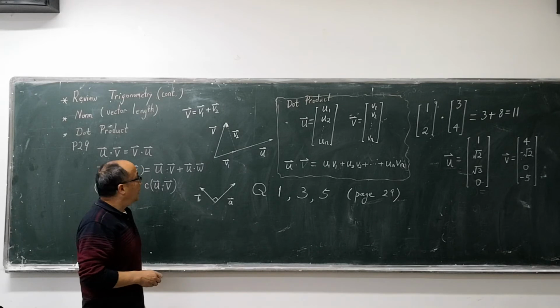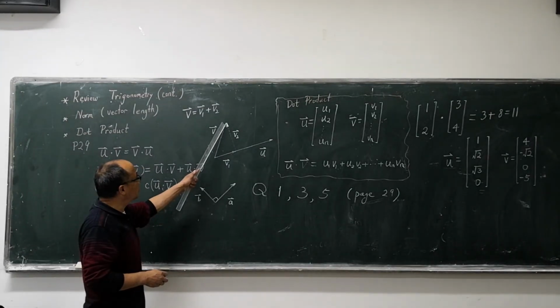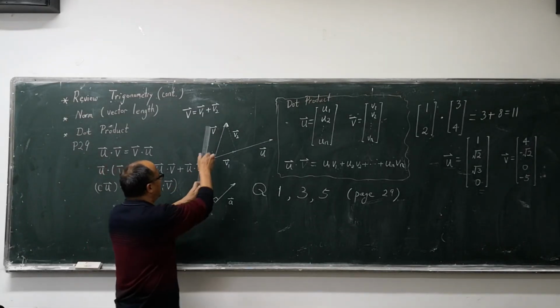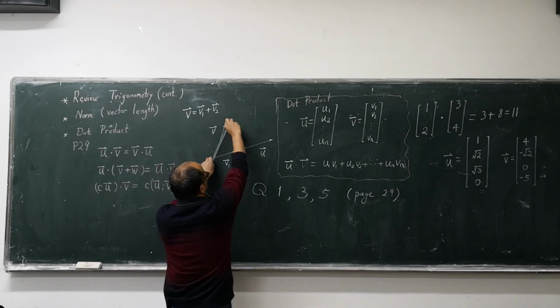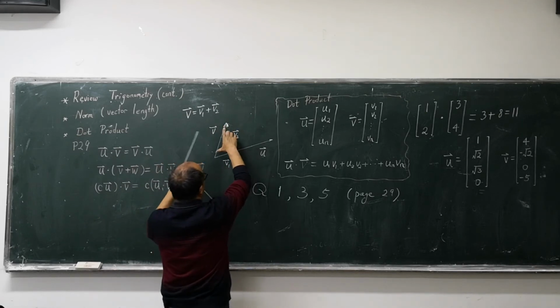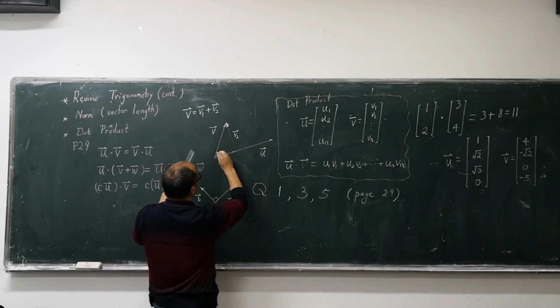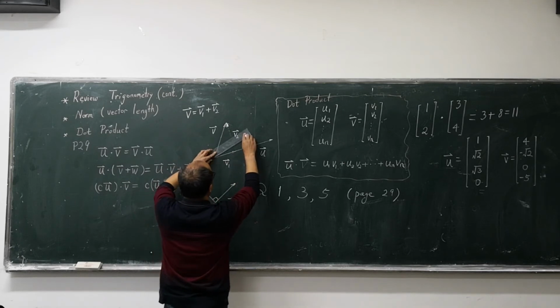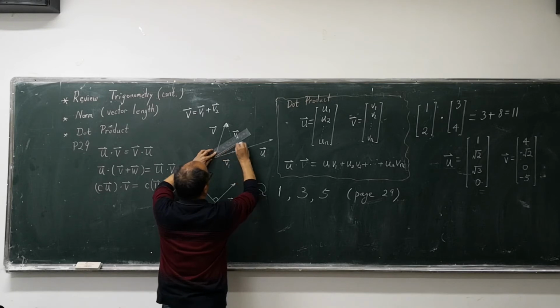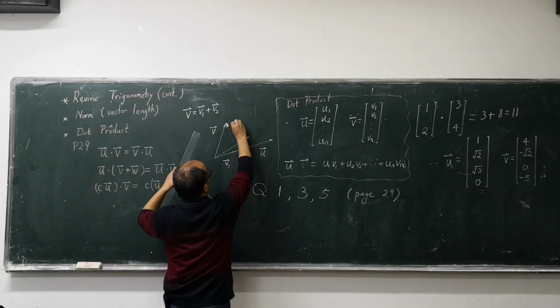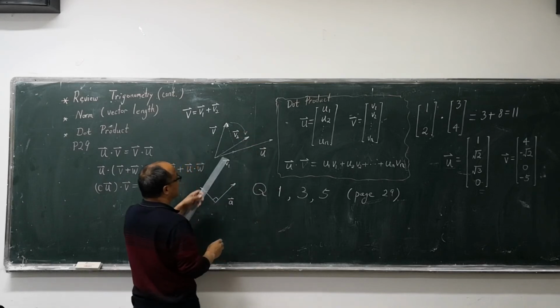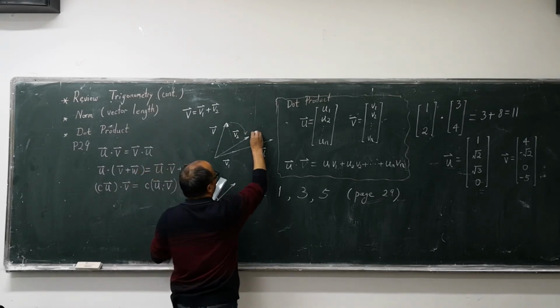Okay? If this vector, let's say I'm turning this vector, same length, I'm turning it over there. I label it V prime.